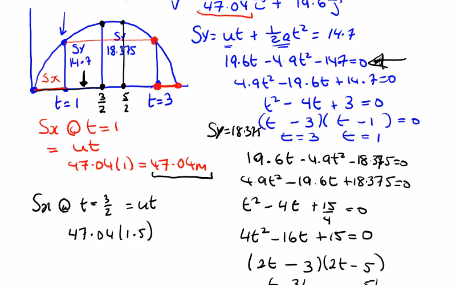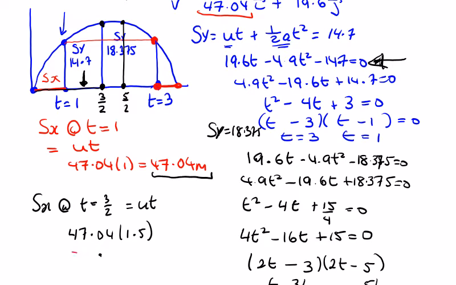So adding half of 47.04 onto itself, I'm adding 23.52 on. That's right, 23.52 and 47.04 is 70.56.